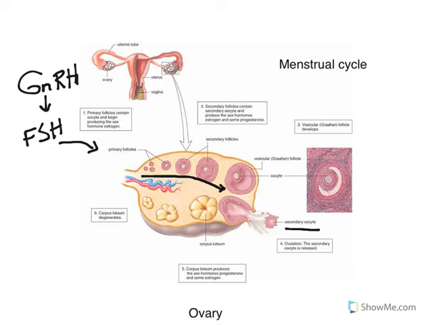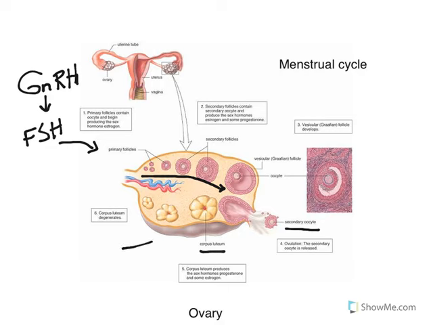Once the secondary oocyte ovulates, it goes into the fallopian tube, and if it encounters a sperm, it will be fertilized within the first 48 hours. If it encounters a sperm after that, it's too late. It will not fertilize. That follicle, where the secondary oocyte was released from, now will become a corpus luteum.